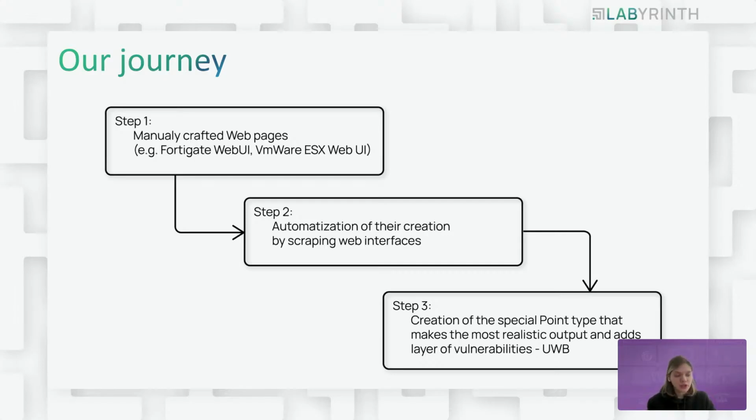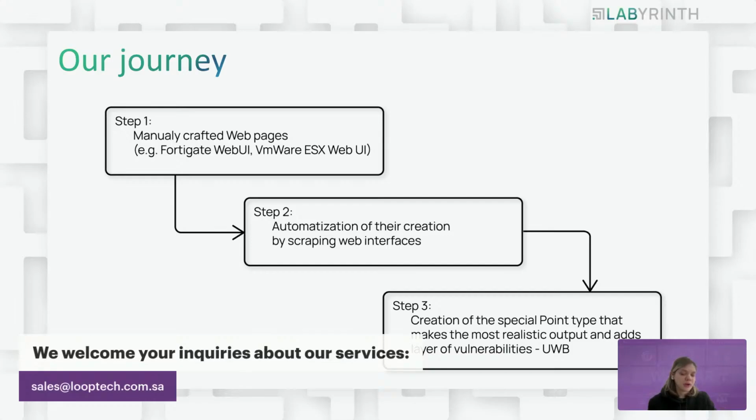So we wanted to scrape web interfaces, and we still had this as HAR archives, which you can generate from your web browser, but it still was lacking this part. It was more interactive, but we wanted to get even more from here.